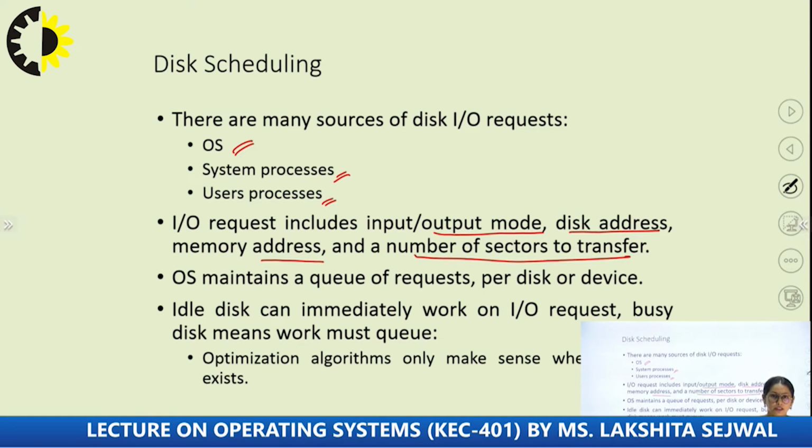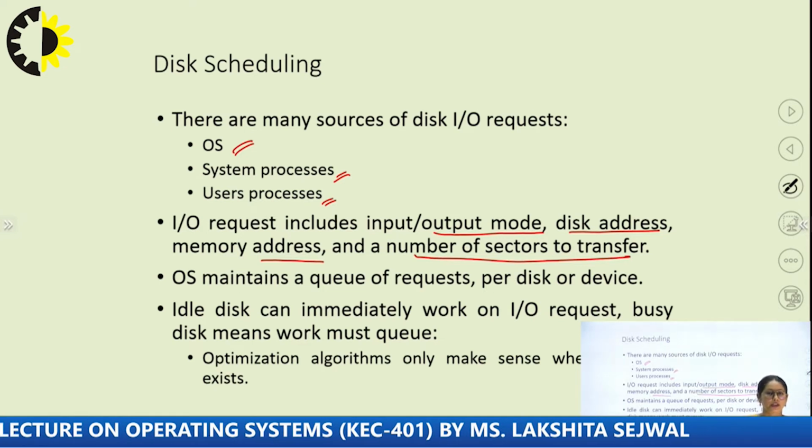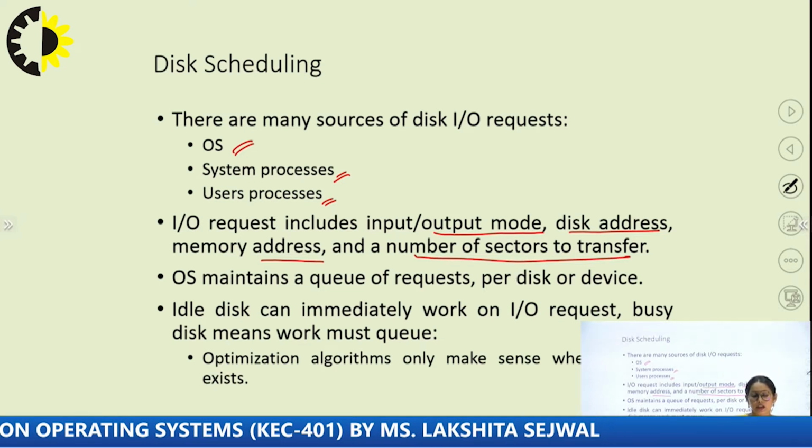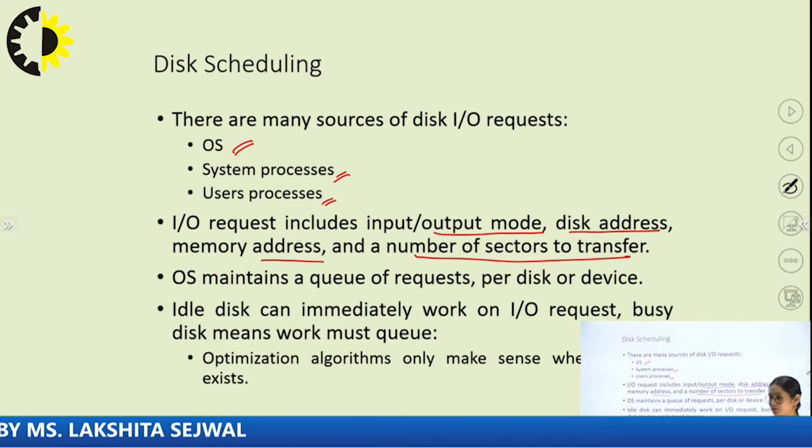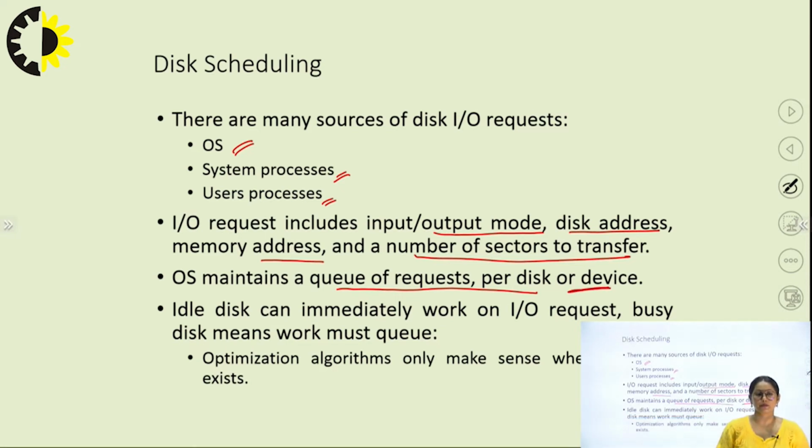So in that case you need the disk address: at which particular sector, which particular track, which particular memory address is being accessed by your hardware, and that hardware is only input and output mode. The OS maintains a queue of requests per disk or per device. So your operating system is going to maintain a queue of all these input and output requests.